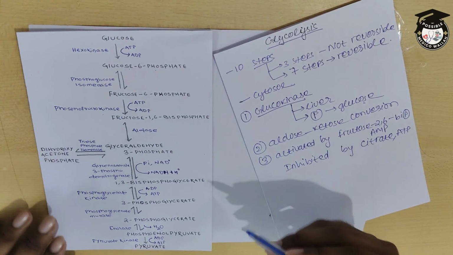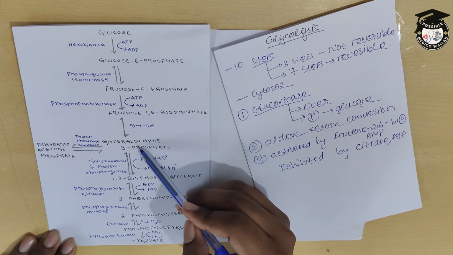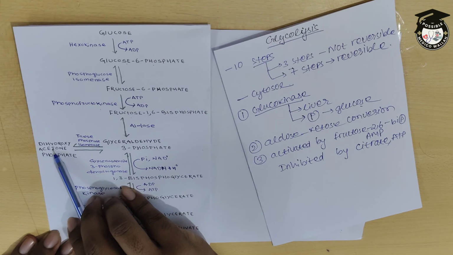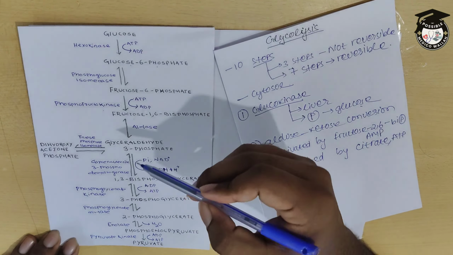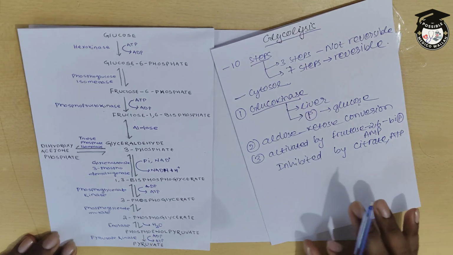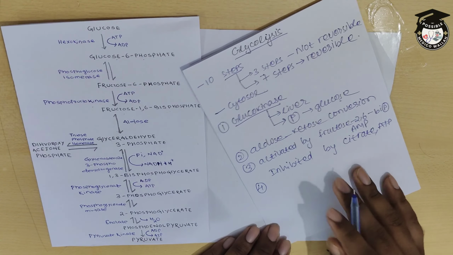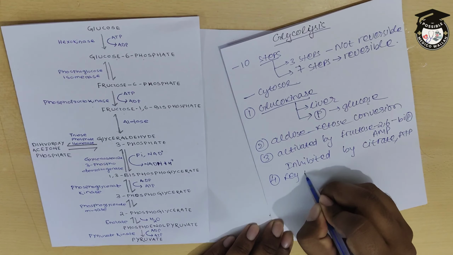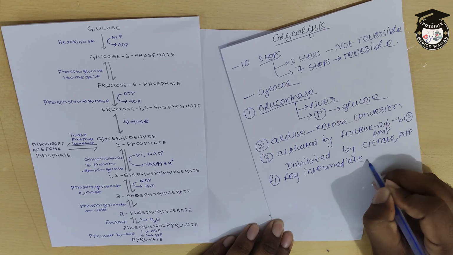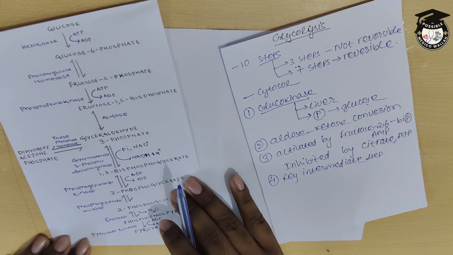Come to the fourth step. In the fourth step, fructose 1,6-bisphosphate is converted to glyceraldehyde 3-phosphate and dihydroxyacetone phosphate in equal concentration. It is catalyzed by the aldolase enzyme, and it is a reversible reaction. This is the key intermediate step for the preparatory phase.